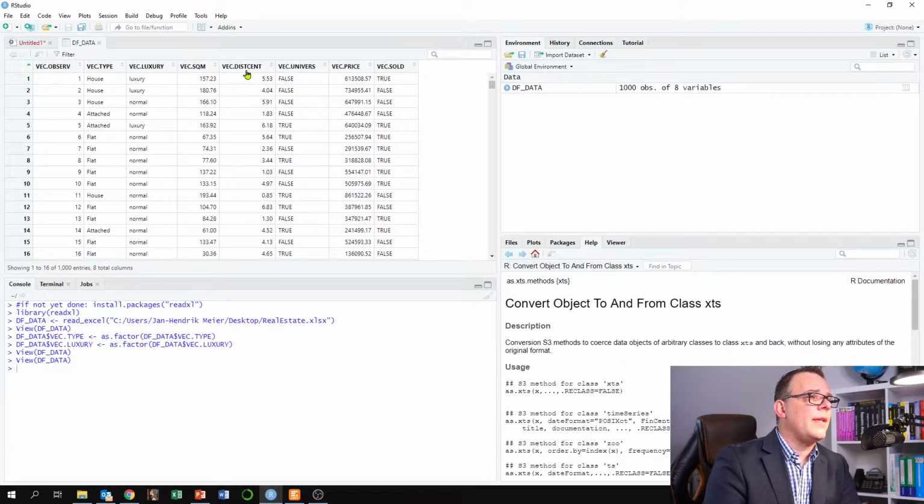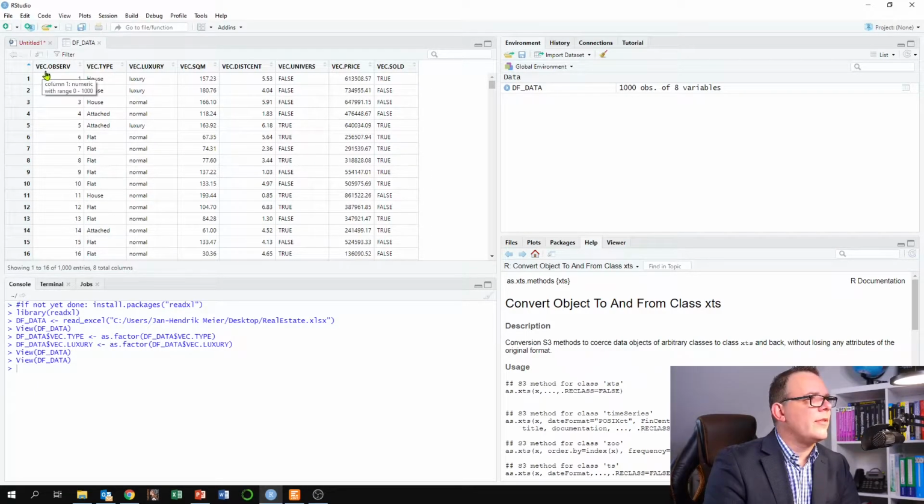We have the distance to the center of the city in kilometers. So, for example, this first house might be 5.5 kilometers away from the city center. We have a logical variable if this is a university town, false or true. We have the price of the house, and we have the information if this house is already sold or not sold. Nevertheless, we ignore this last one. It's for a different video.